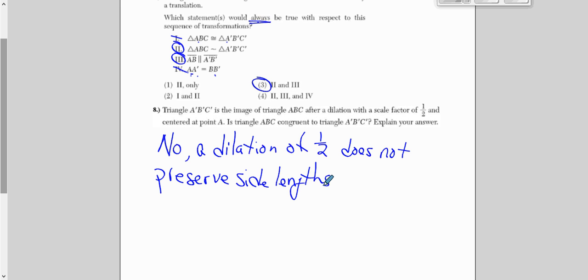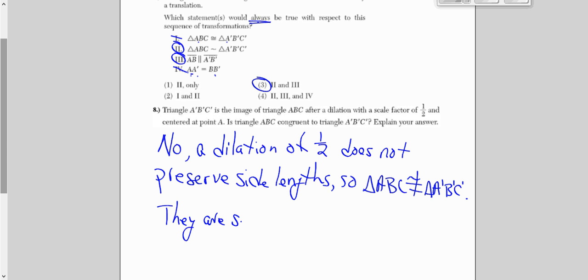So we can say they're not congruent. So triangle ABC not congruent to triangle A prime B prime C prime. Let's add a little something here. What will the triangles be? There we go. Let's just tack that on there. They are similar, but not congruent. Okay?